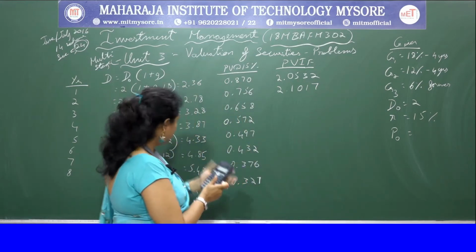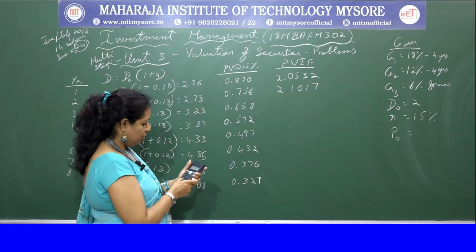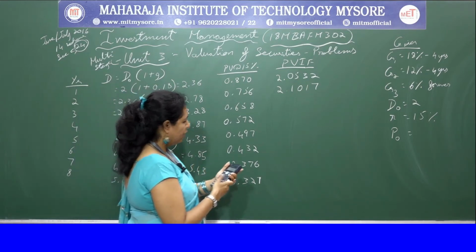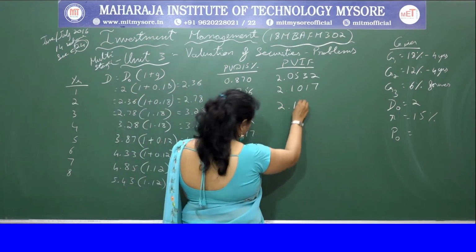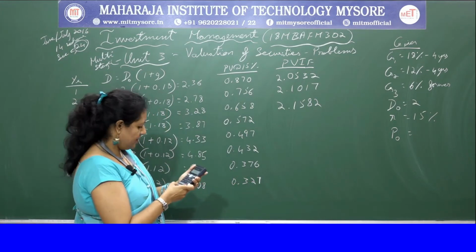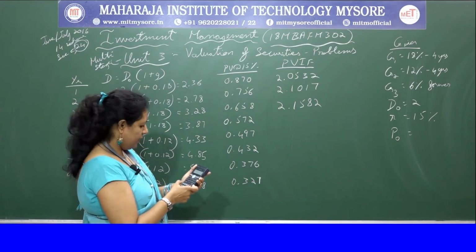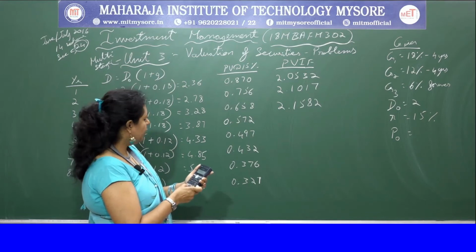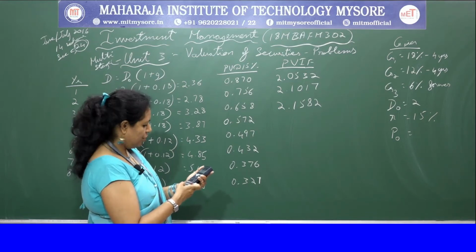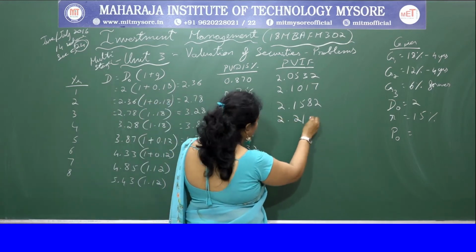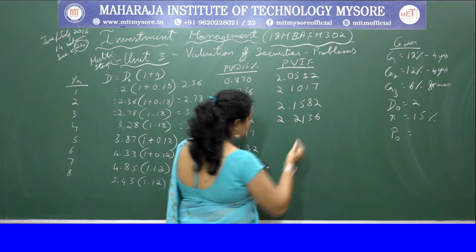So next is 3.28 into 0.658, you get 2.1582. Okay, next is 3.87 into 0.572, you get 2.2136.